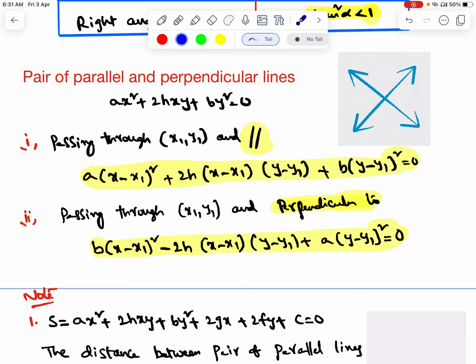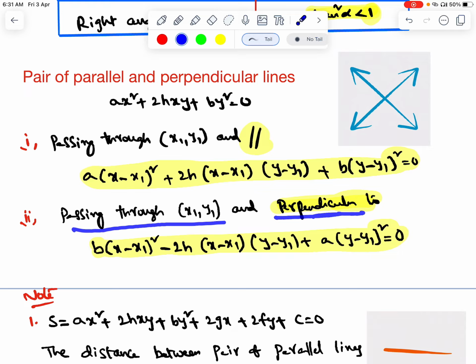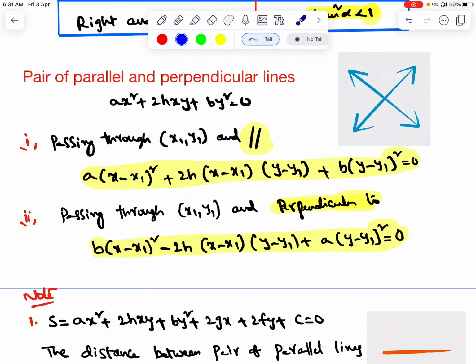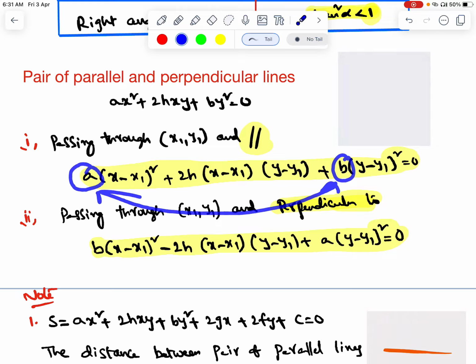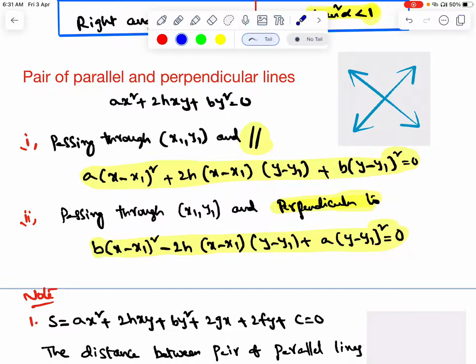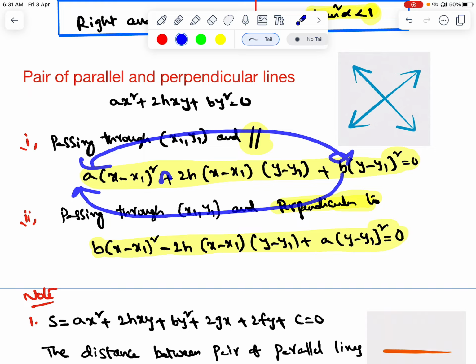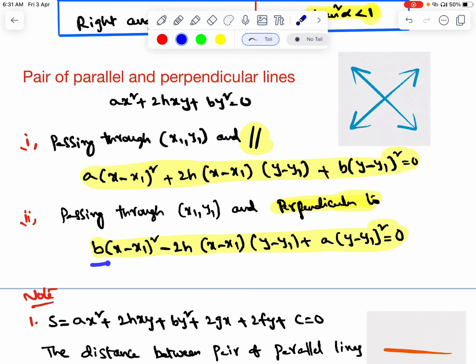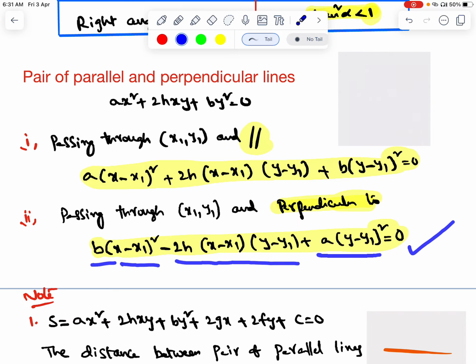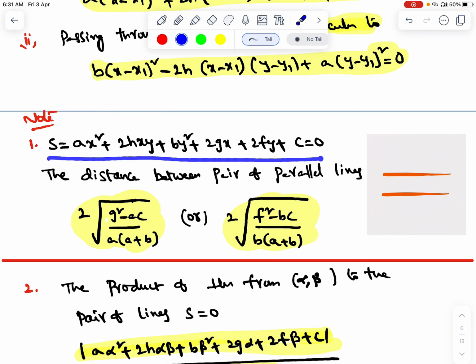Second condition, if it is perpendicular, passing through (x1, y1) and perpendicular to this pair of lines, then just replace a and b and put a minus sign: b(x − x1)² − 2h(x − x1)(y − y1) + a(y − y1)² = 0.